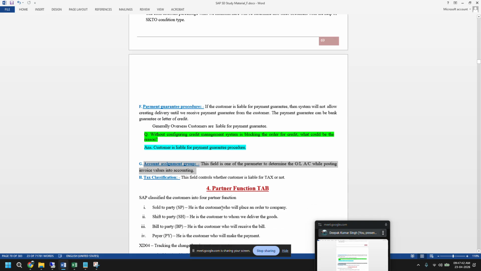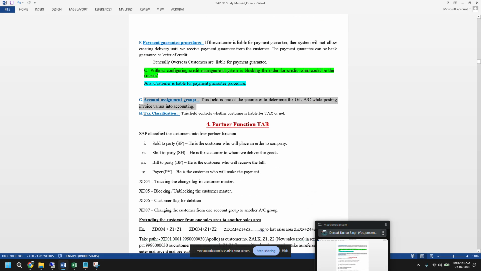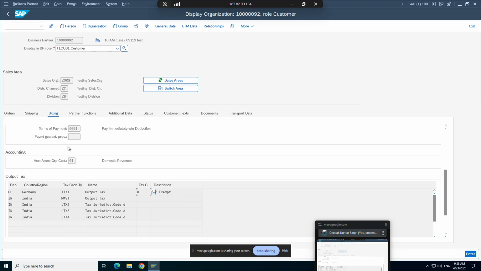Now let's come to the next step, the partner function tab. As I told you, this is also one of the important tabs in the customer master. You go to partner function.